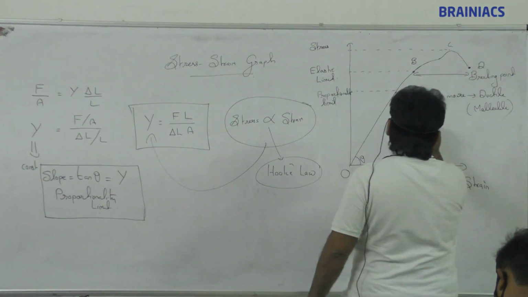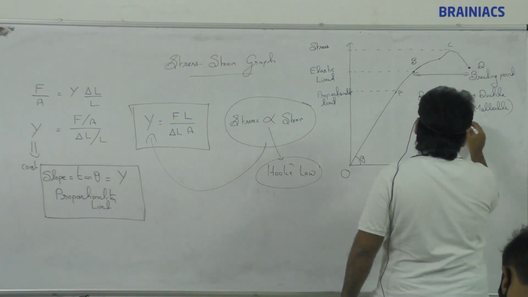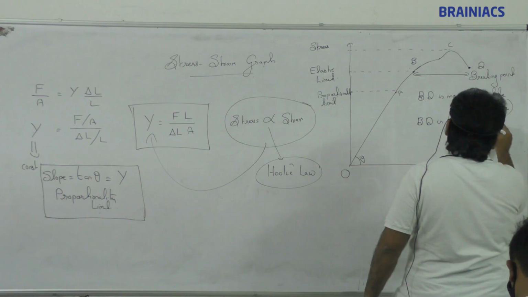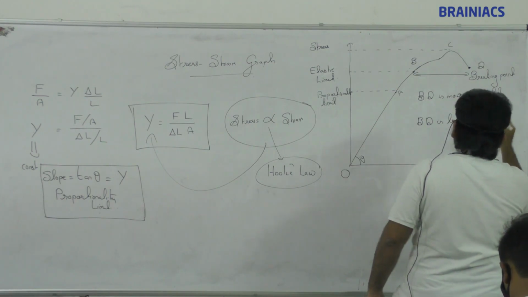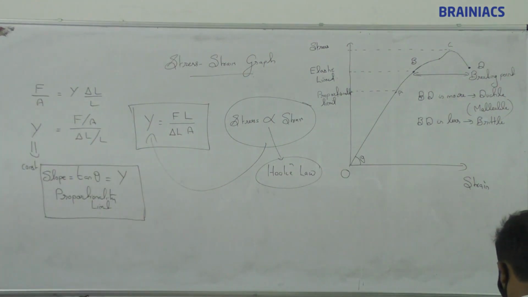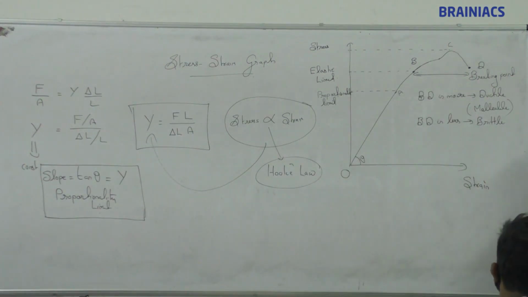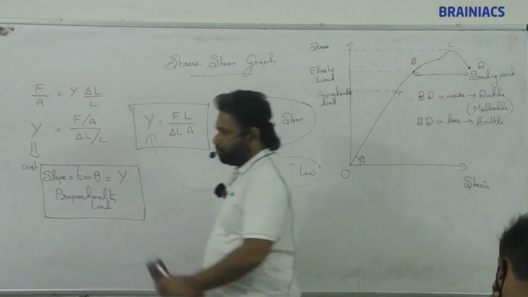If this BD is less, we call them brittle. Done? Clear? Understood? Right. Shall I erase this?